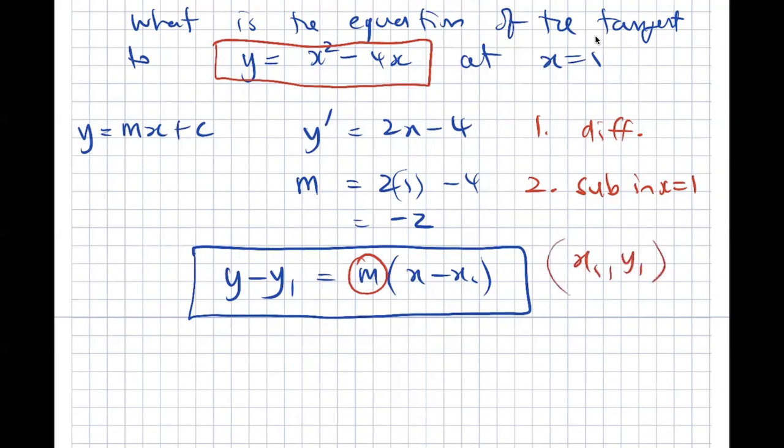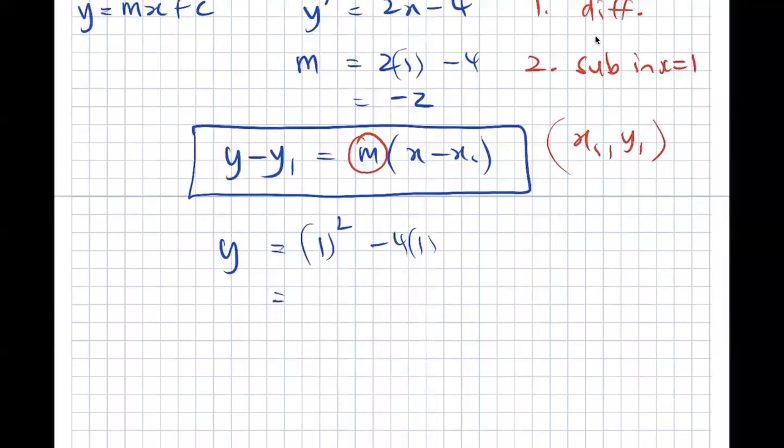So at x equals 1, we'll just substitute 1 into the equation. y is equal to 1 squared minus 4 times 1. Well, 1 squared is 1, and 1 minus 4 is negative 3. So I've found this point now. So this is (1, negative 3).